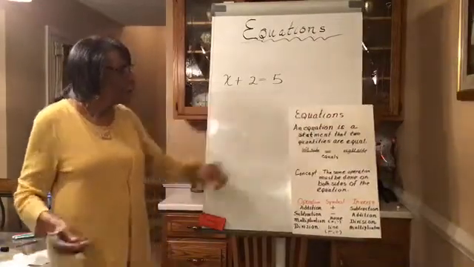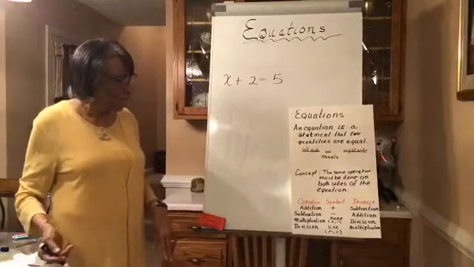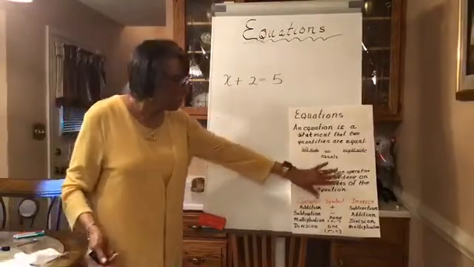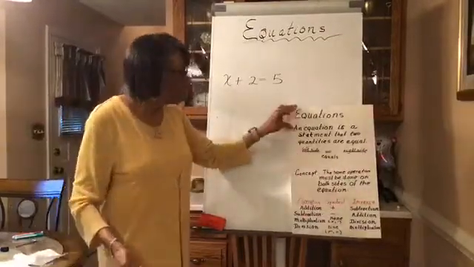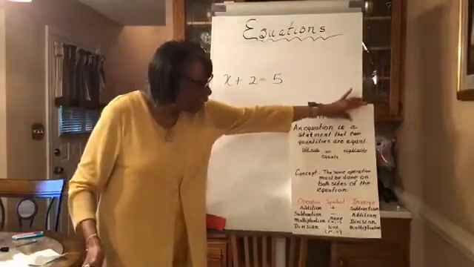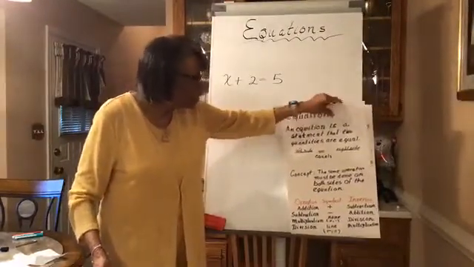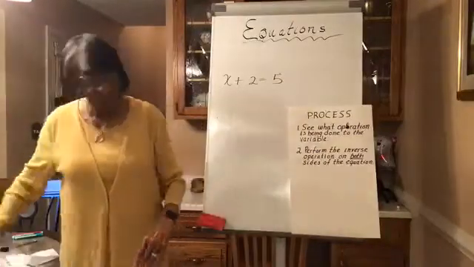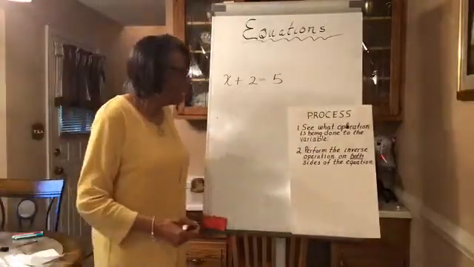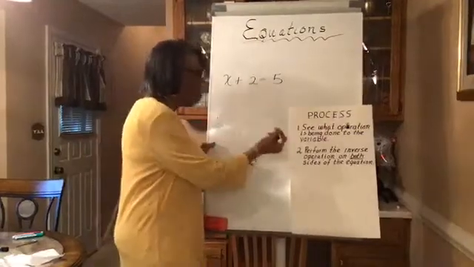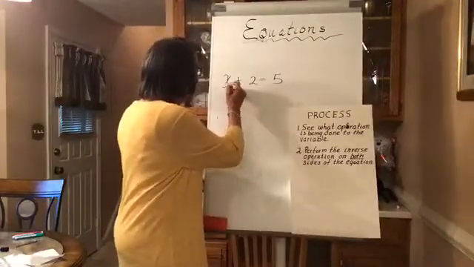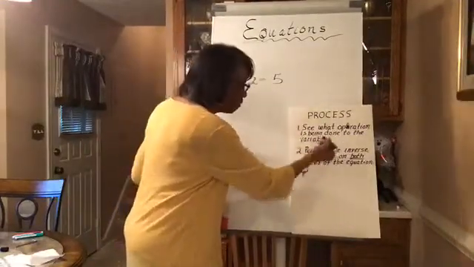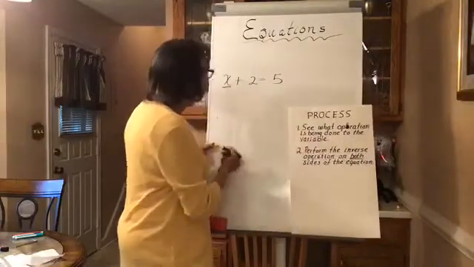All right? So remember now, we said that the same operation had to be done on both sides of the equation. So let's see what the process is for solving this equation. First of all, we're going to look at the variable and see what operation is being done to the variable.